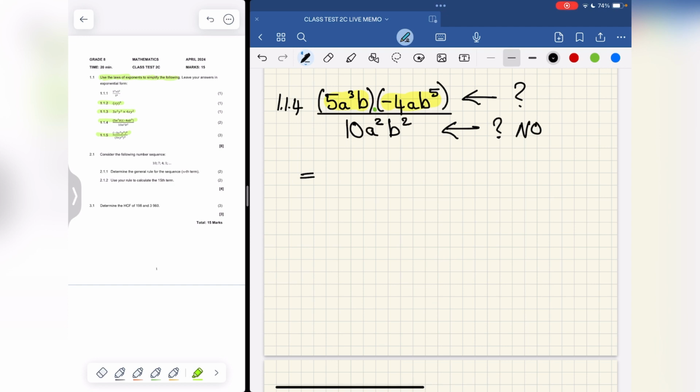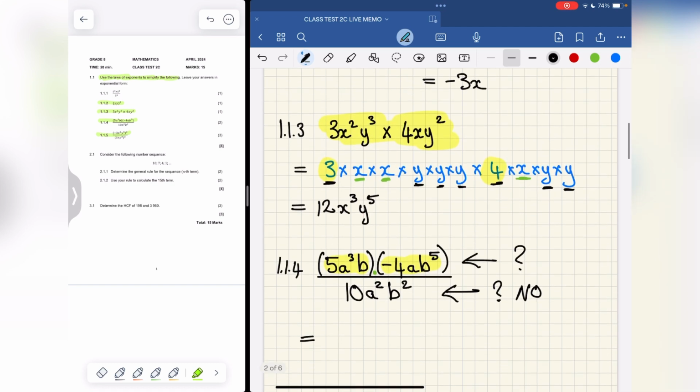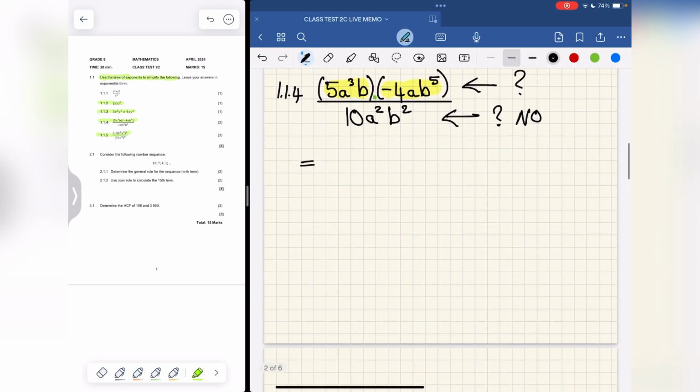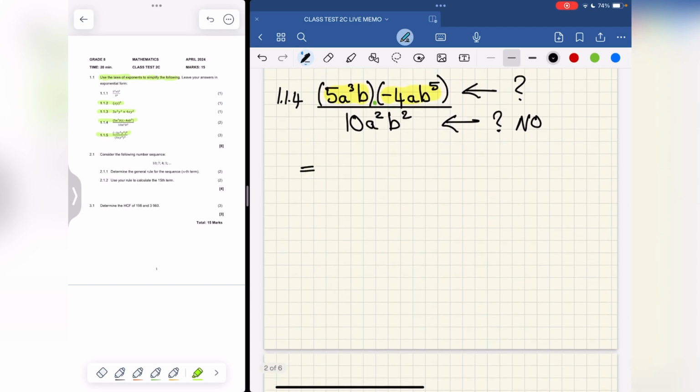So the numerator: I've got 5a to the power 3b, in a bracket, multiplied with negative 4ab to the power 5. Like we've done in 1.1.3, we could pull those things apart and see the different factors, but we won't do that in this example. We'll simply multiply out what we can multiply.